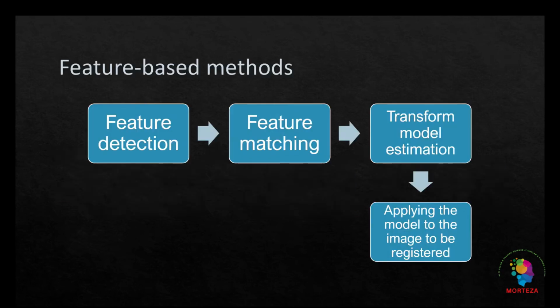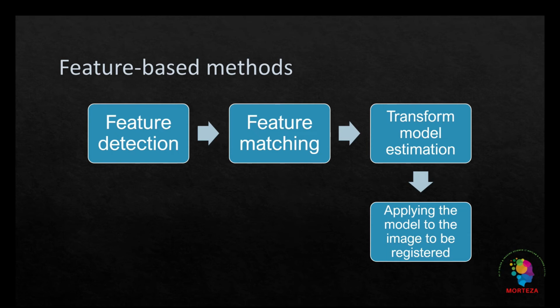On the other hand, feature-based methods are comprised of the following steps. First is the feature detection, in which salient features like edges, corners, or blobs are detected. Second is the feature matching, in which the features in the reference and the test images are matched up.